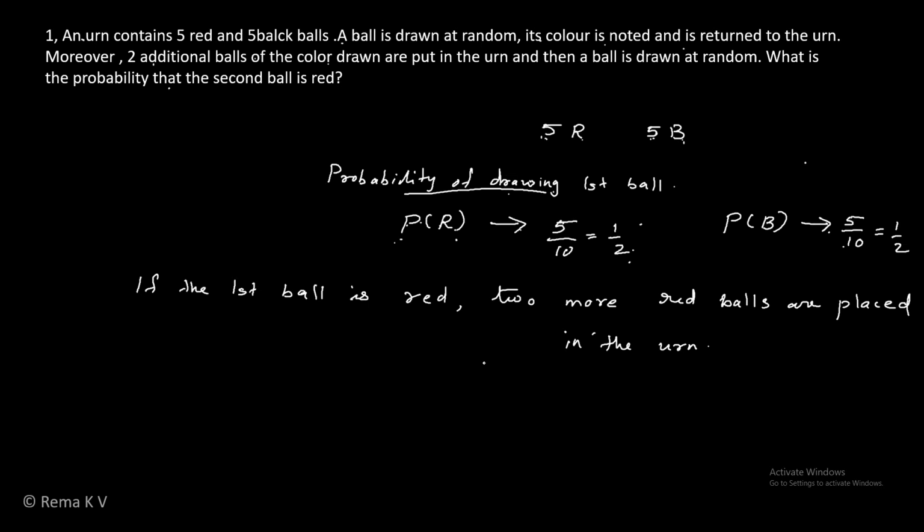Is it clear? Okay, then what about the number of red balls? The number of red balls becomes 7 red and 5 black. Then in the urn there are 7 red balls and 5 black balls.